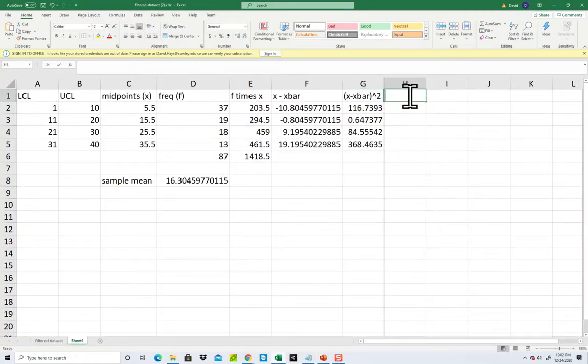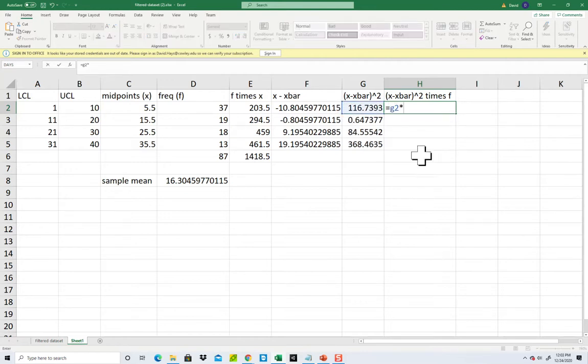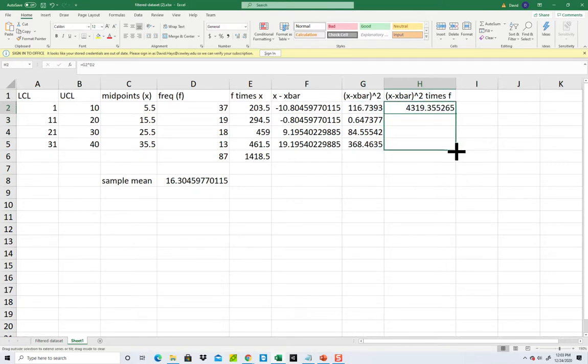So I'm going to have x minus x bar squared times f, and that's just a title I'm putting on there. So I'm going to take this G2 times f, which was D2. If I was doing it by hand, again, I'd take 116.7393 with all the decimal places that follow it, times 37. Fill that down.